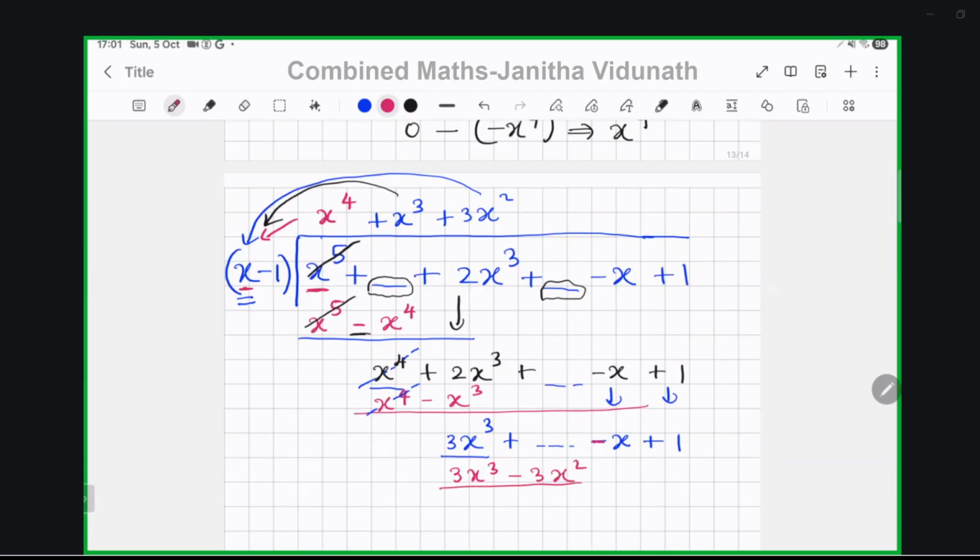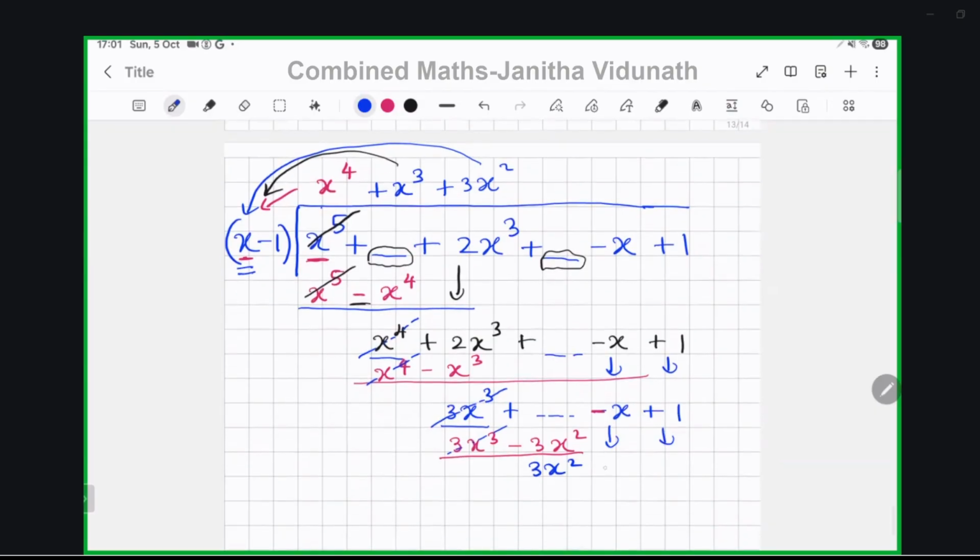Then we subtract. When subtracting, those two terms are cancelled out. Then we will get plus 3x square. Then we bring those terms down, that means minus x plus 1.